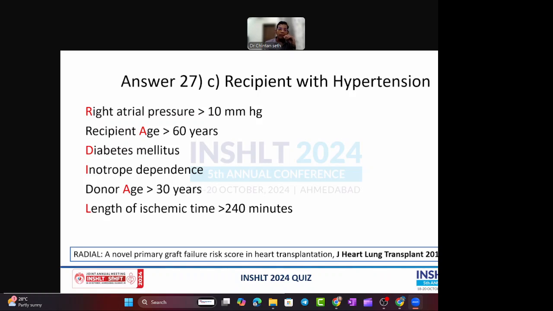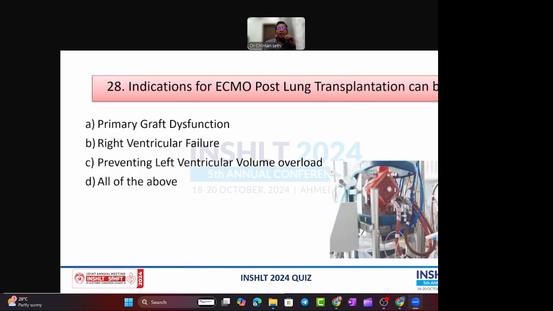D is for recipient with diabetes mellitus. I is for recipient inotrope dependence. Donor age is more than 30 years. And length of ischemia time is more than 4 hours. If these six are there, then the patient is considered high risk for developing primary graft dysfunction. So the exclusion here is recipient with hypertension. Most of our recipients may have hypertension and that will not cause a problem with primary graft dysfunction.